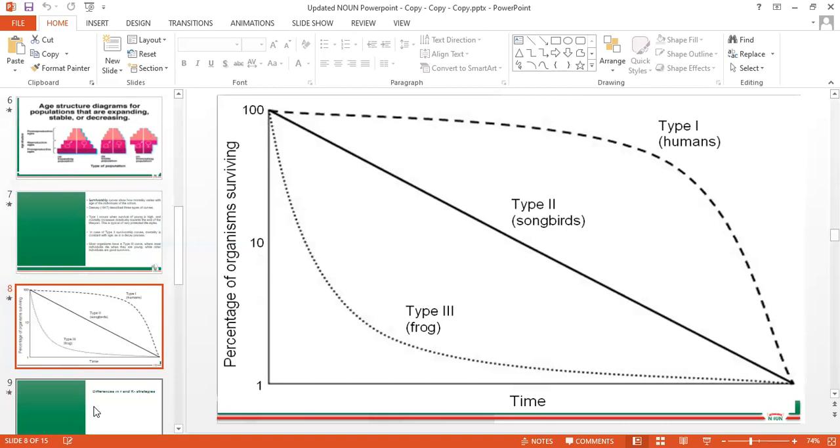So we talk about the static life table. A static life table contains the age groups in the population at one particular period of time.